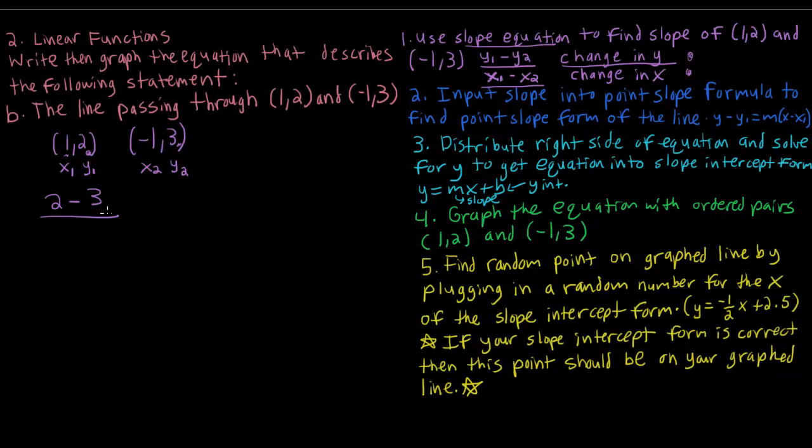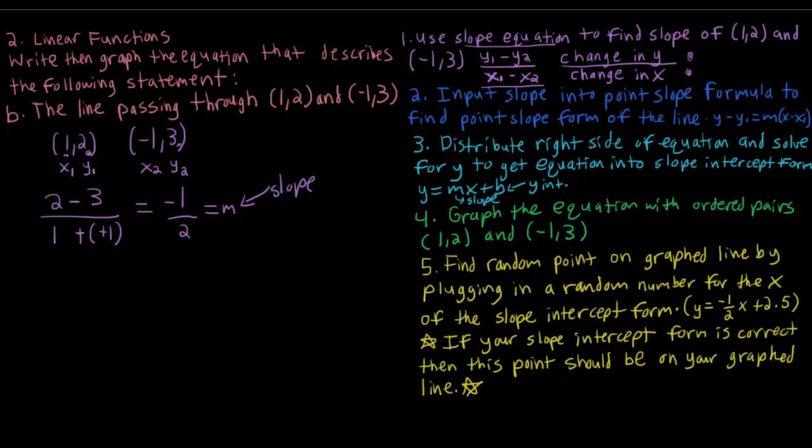And that's divided by x1, which is 1 right here, minus x2, which is negative 1, so negative 1 in parentheses. That equals 2 minus 3, which is negative 1, over 1 minus negative 1, which, since it's two negatives, you end up adding. So 1 plus 1 is 2. And negative 1/2 equals m, which is our slope.